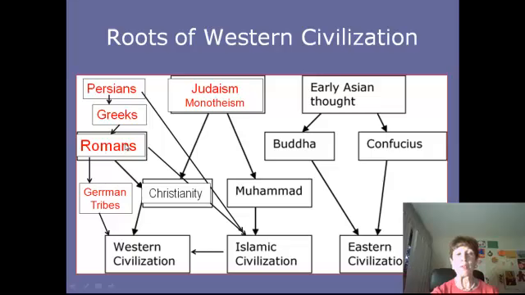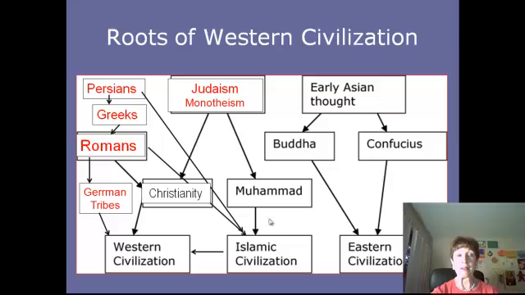So let's stay here with the Romans for a second, and remember that we talked about Judaism. Well, during the Roman times, a new religion was born, and that new religion was Christianity, which was born during the time of the Roman Empire. It's a Roman religion, but at the same time it's a religion that had its roots in Judaism, because if you remember, Jesus, his mother, his father, and all his disciples were Jews.